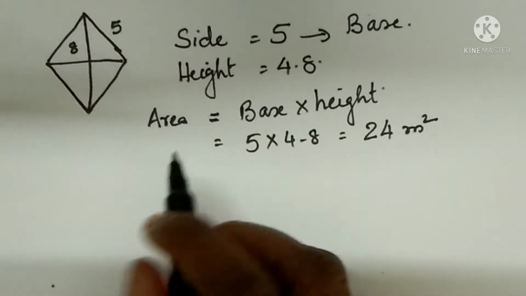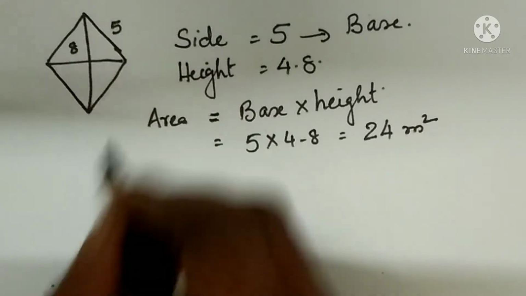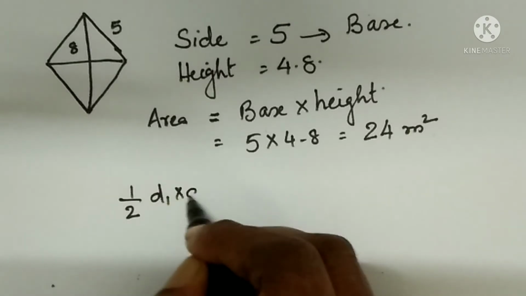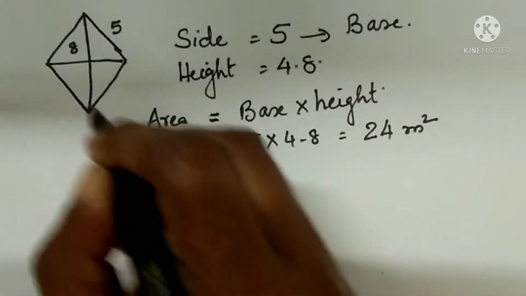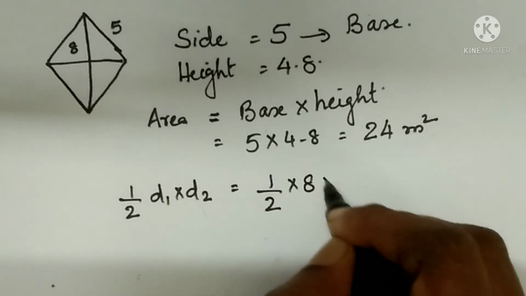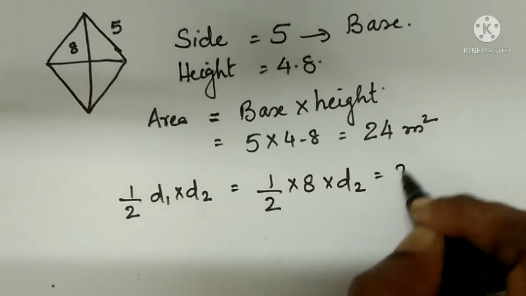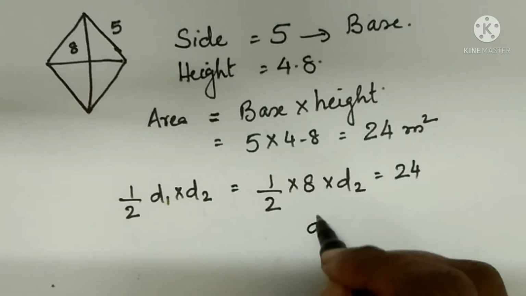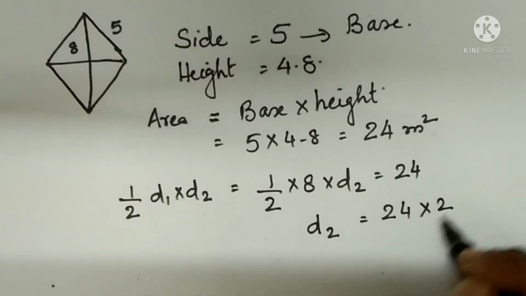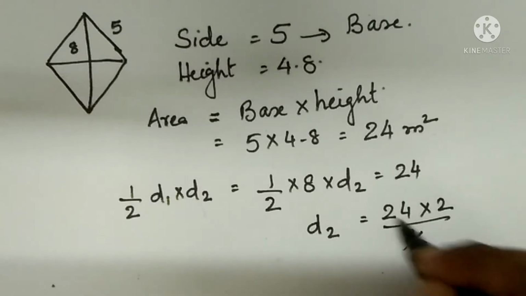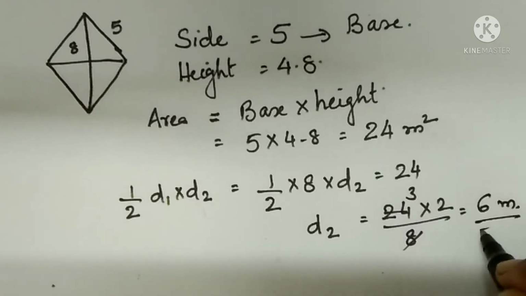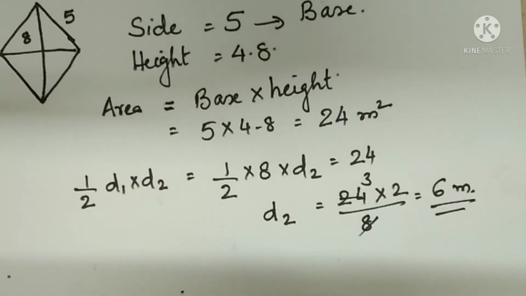Now we also know that area of rhombus is equal to half d1 into d2. One diagonal we know, half into 8 into d2 is equal to 24. From that, if you find d2, d2 is equal to 24 into 2 upon 8. 3 8s are 24, so 6. So, in whatever way you do, you get the same answer.